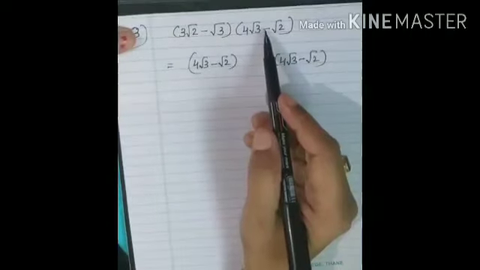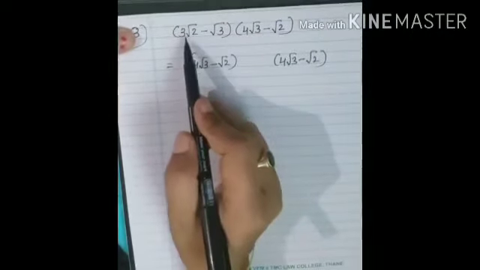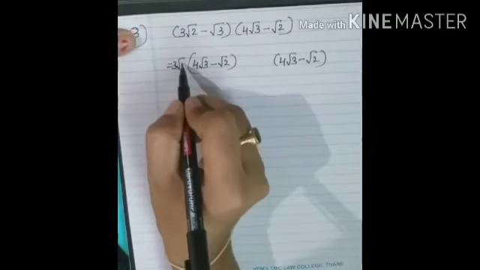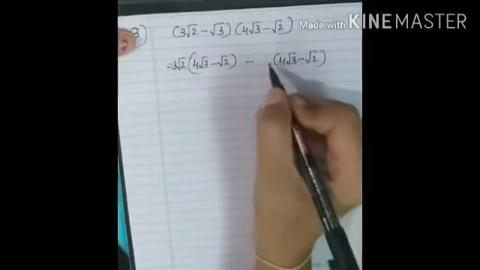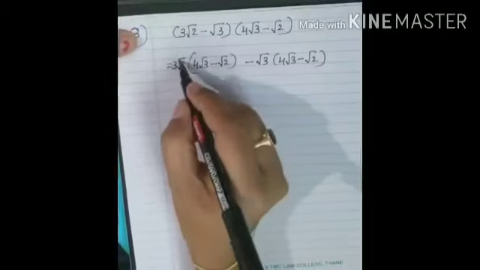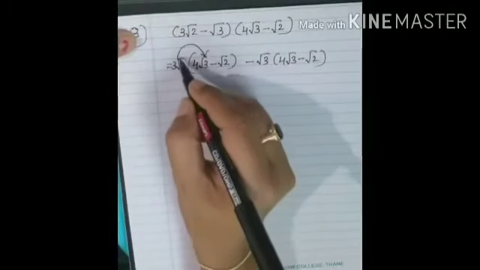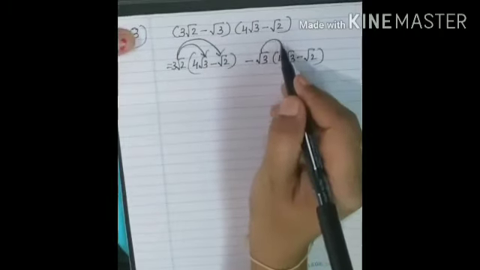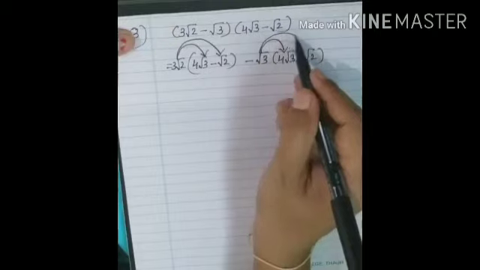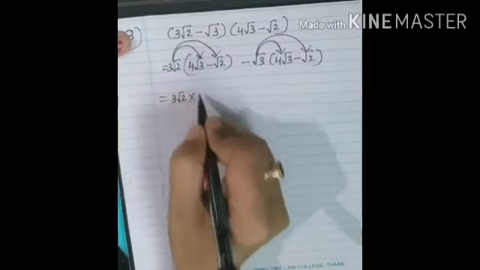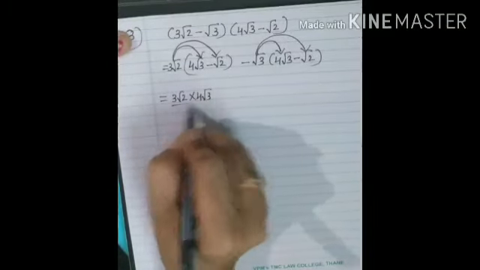Now children, I have taken the second bracket 2 times. The first bracket here, 2 terms are there. So first term I will take for the first bracket and second term I will take for the second bracket, root 3. Now we have to multiply. This term multiply by this term and this term multiply by this term. Here also children same, root 3 multiply by this term and root 3 multiply by root 2. Now 3 root 2 into 4 root 3, underline.